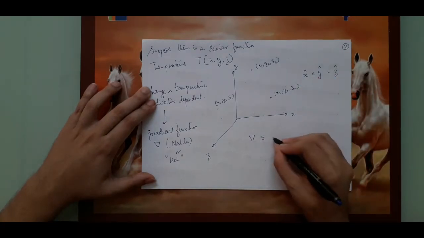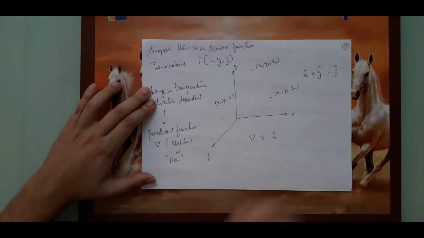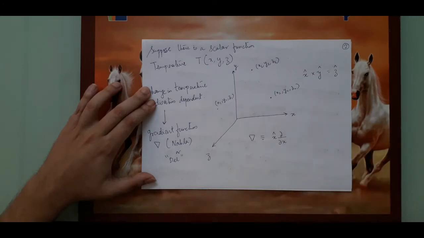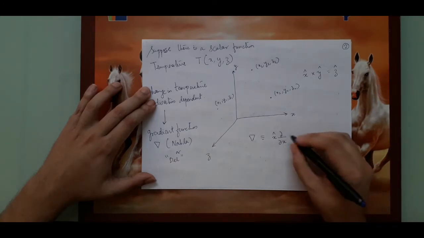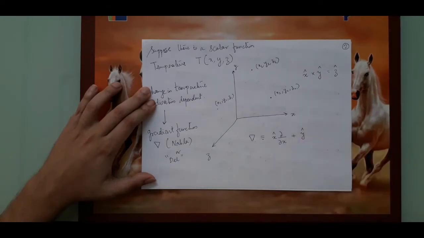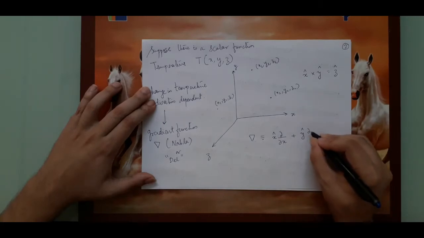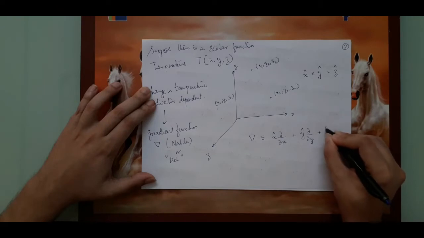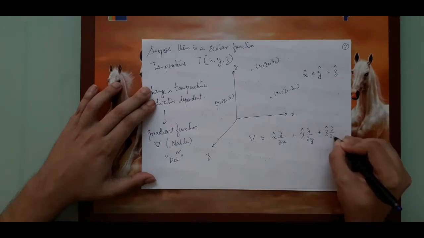So the unit vector along the x-axis is x cap, and the partial derivative of the function is nothing but this, plus the derivative along the y-axis, plus the derivative along the z-axis.